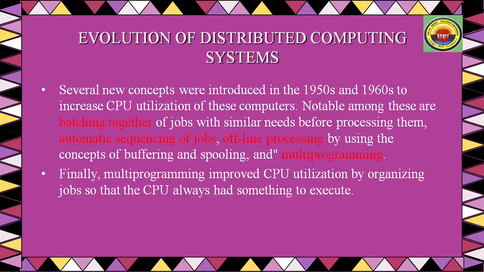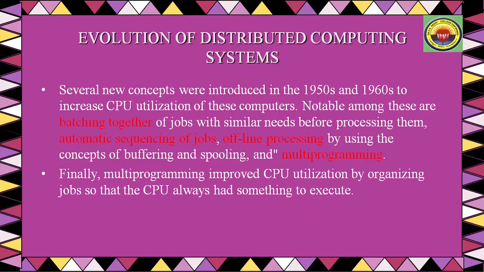So people found that batching similar jobs is one concept which can help the operator in setting the environment. If we batch all the processes which are similar in their jobs, we group them.